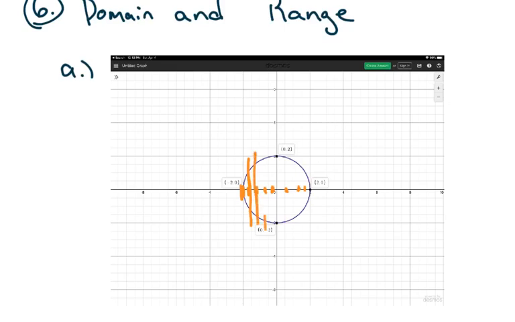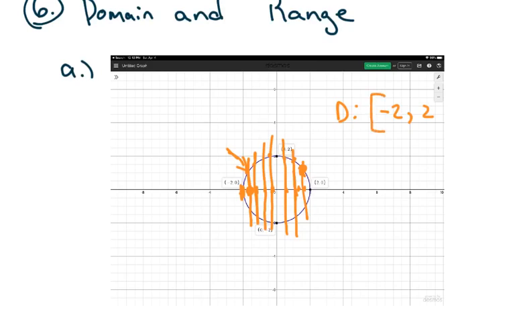So when we look here, we can see that everywhere on the x-axis between -2 and 2, there is at least one value that has a corresponding x value. So the domain is going to be from -2 to 2. And because we are including them, we're going to put them both in brackets.